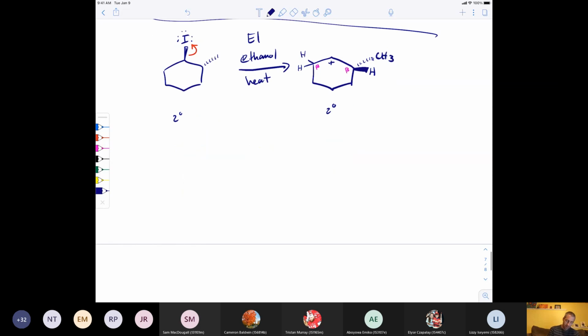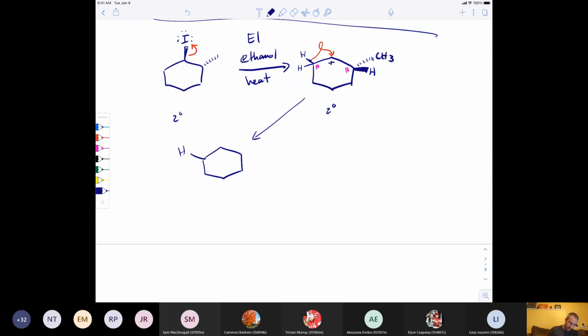Okay, if you have 2 hydrogens, we could hypothetically shift one of those hydrogens over. But if you did that, I think I remember I showed you sometimes these kind of loopy curly arrows are used if it's a rearrangement. You don't have to draw it that way, of course.